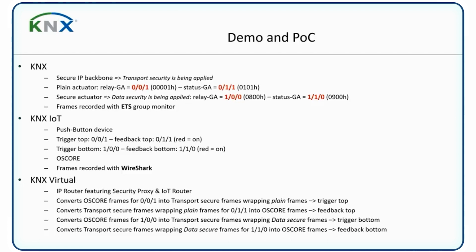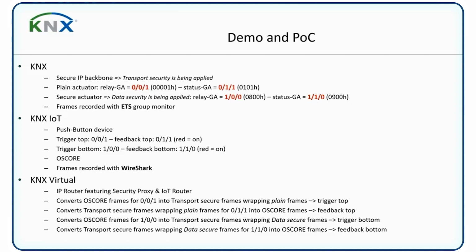So that's one part. The other part is the KNX IoT push button device that I have developed here. And there will be, let's say, 2 buttons that will trigger a specific group address. And there's another set of buttons, on the bottom, so to say, that will be the trigger for another group address.